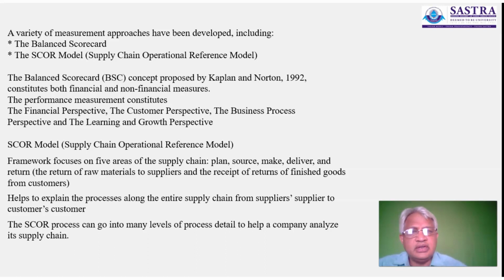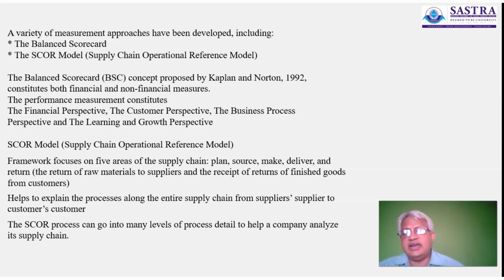The balanced scorecard came in 1992, from Kaplan and Norton. It constitutes balance, that is, financial and non-financial measures. However, the balanced scorecard is looked into with different perspectives: finance, customer, process of the business, and learning and growth perspective.